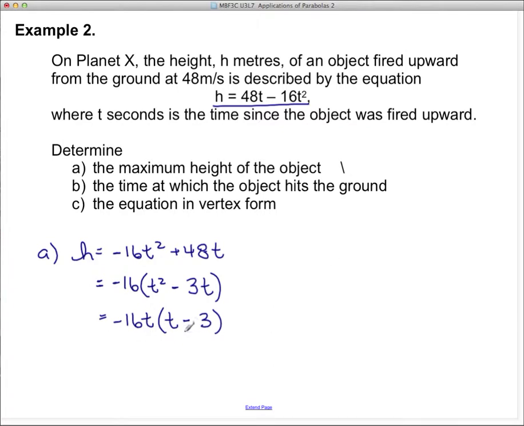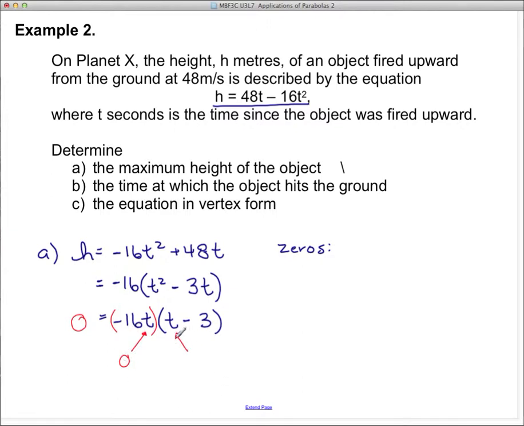Now, what makes this 0? Because we have to find the zeros of this equation. Now, the zeros of this equation come from when each of the factors is 0. Now, there's no brackets here, but we can understand that it's 0. And what do I have to stick in for t to make this 0? Well, this means -16 times t, and so I would have to multiply by 0 in order to get that to be 0.